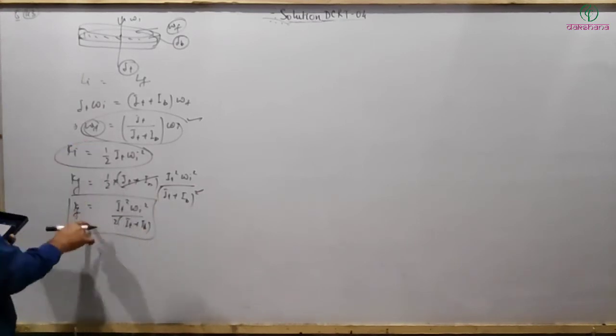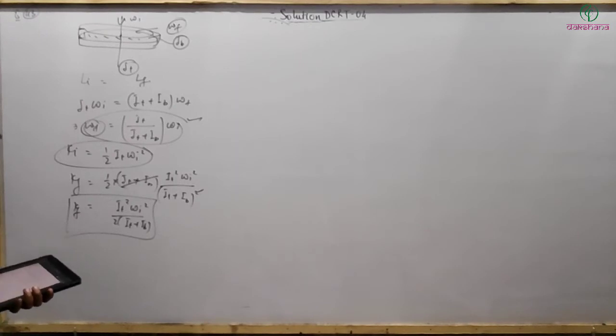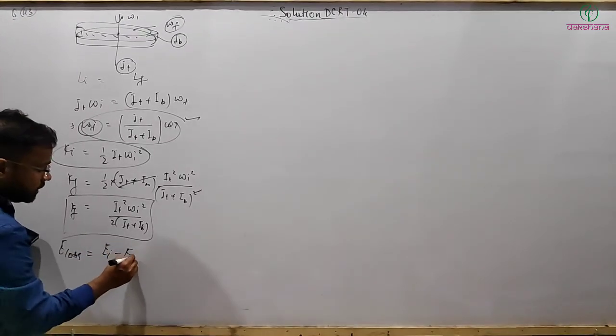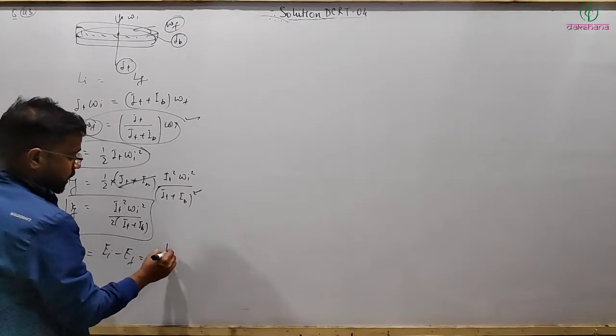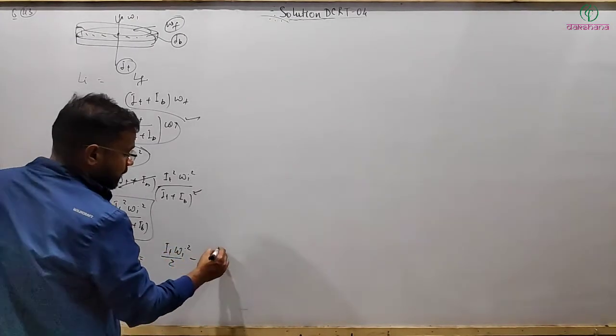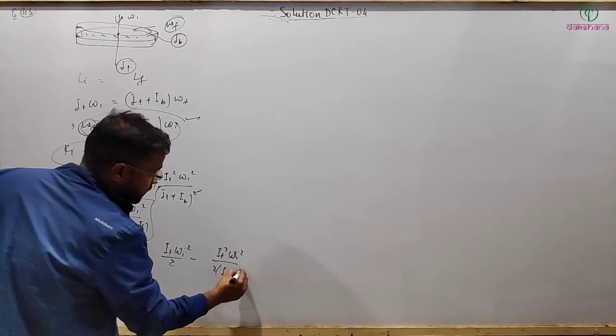So the difference in kinetic energy is the energy lost by the disk 1 to friction. So delta E loss is equal to E initial minus E final, that is equal to half IT into omega I square minus IT square into omega I square divided by 2 times of IT plus IB.